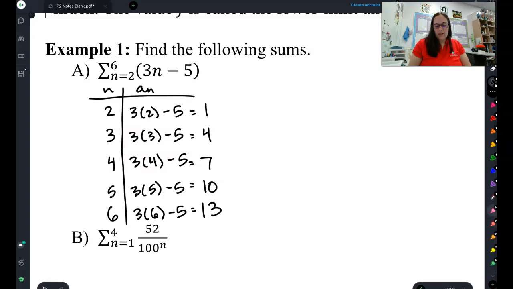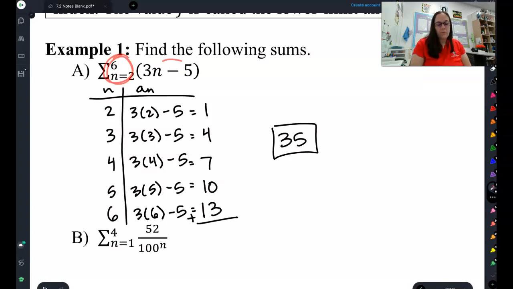Now, because this is a sum, I'm going to add all these answers together. 1 plus 4 plus 7 plus 10 plus 13 gives me a total answer of 35. And that's how we do this. We're just taking these numbers, plugging them into this equation, and then this means add all those answers up.